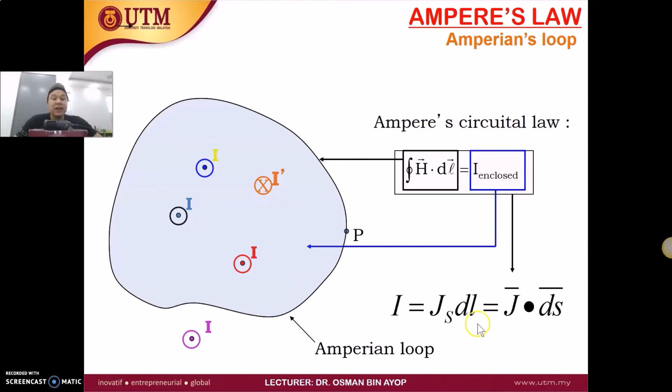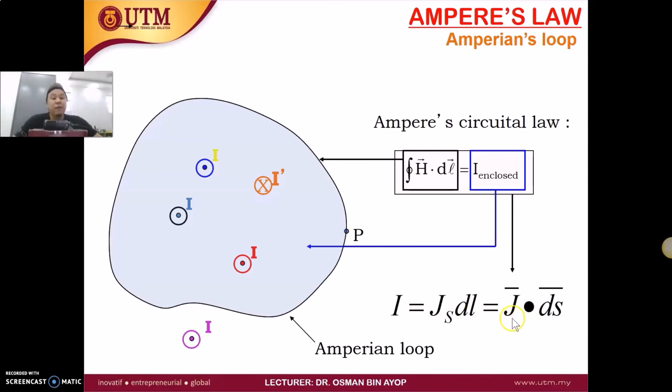And then we have Js dl. The Js is basically the surface current. The surface current is like multiple line currents arranged in parallel and passing through a certain dl. This is for a thin sheet.